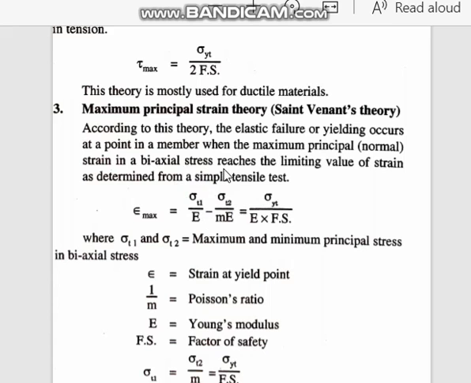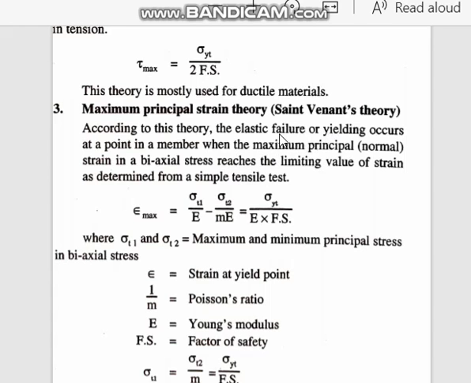From yield point, this will be the stress. And for ultimate tensile stress, this is the stress. We find out stresses at various places. Elastic limit is this, then the yield point is this, the ultimate tensile stress is this, and breaking stress is this. What is the maximum strain that is coming in the component?